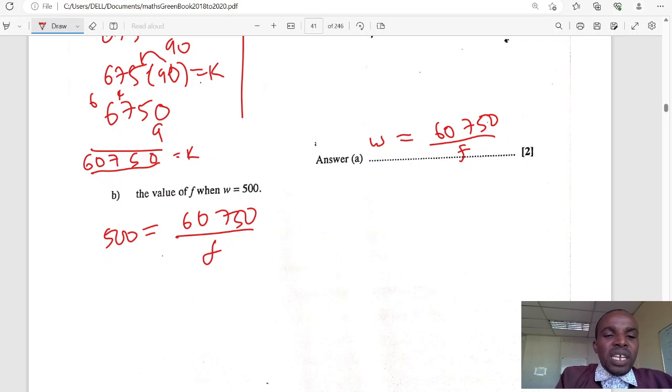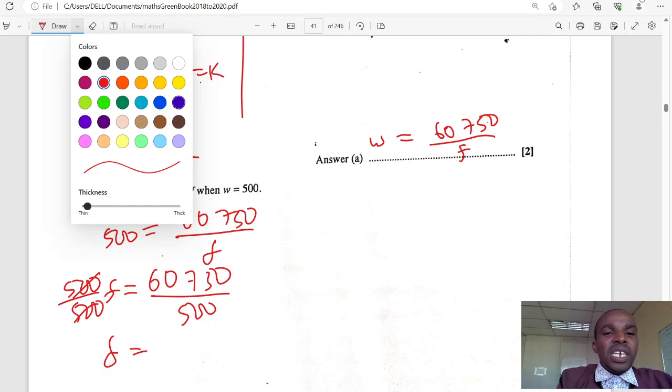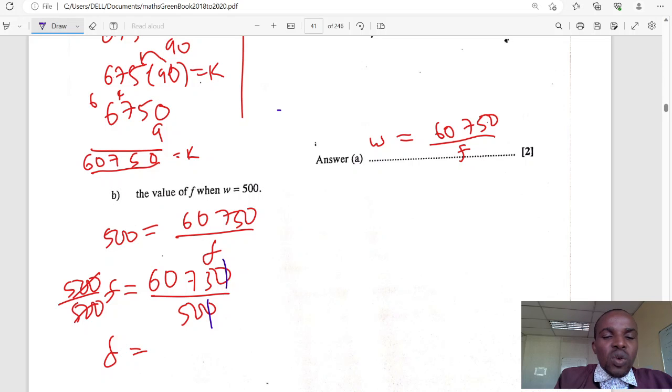Then you cross multiply, the same as 500F equals 60,750. Then divide by 500 on both sides. So you get F equals, then the zeros cancel out. It's 5 here.